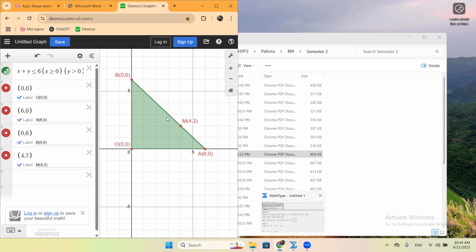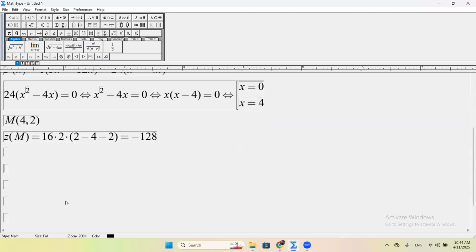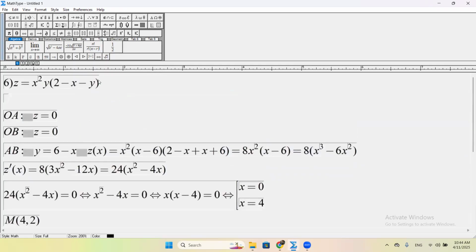And now let's try to find an extremum inside this region. So calculating partial derivatives. So dz by dx will be equal, by the way, let's expand it. So 2x squared y minus x cubed y minus x squared y squared.